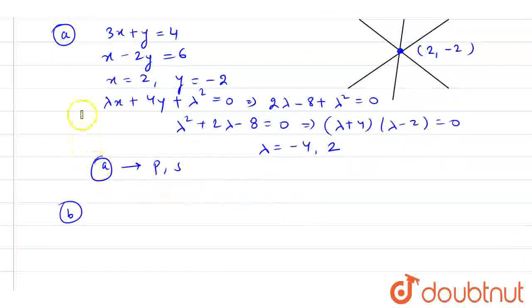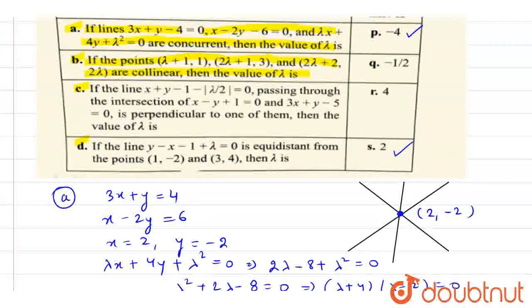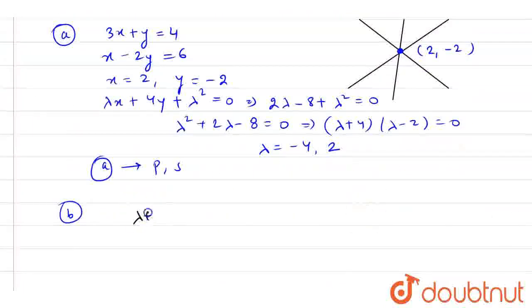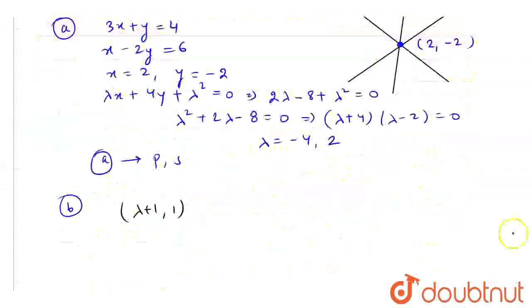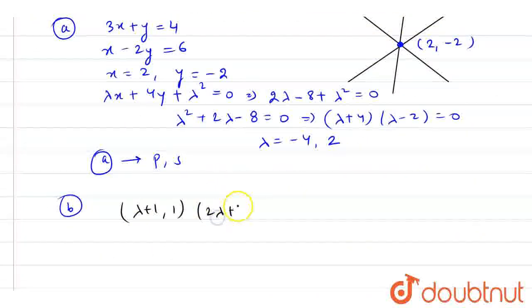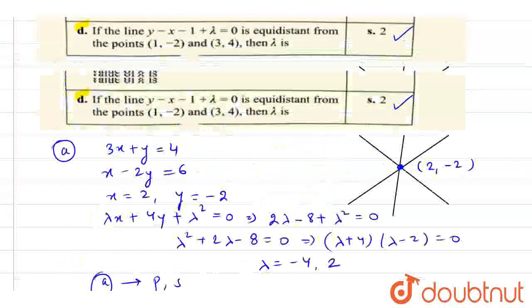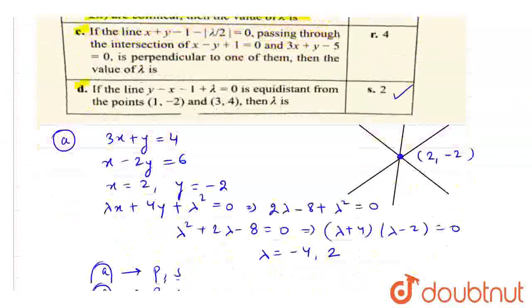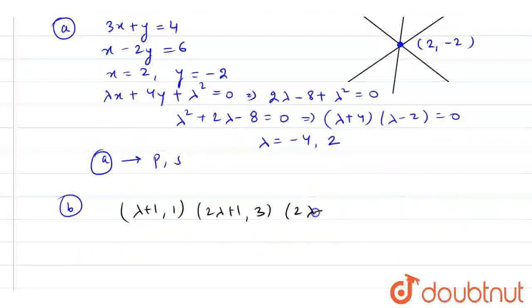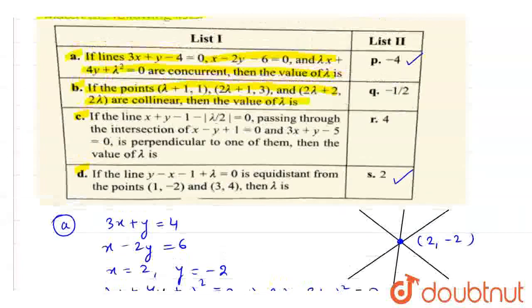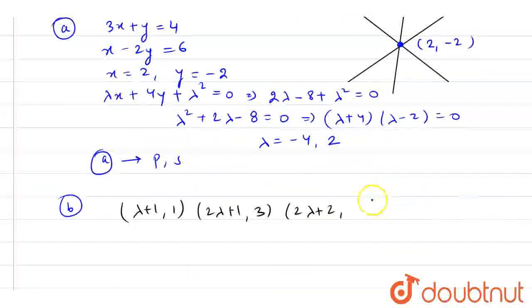So we have our points as, let me write the points first: lambda plus 1 comma 1, then we have 2 lambda plus 1 comma 3, and then we have 2 lambda plus 2 comma 2 lambda.